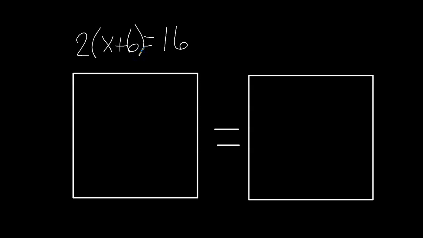All right, so on one side of the equation, I have 2 groups of X plus 6. So remember our X plus 6, and then I have 2 groups of that. Is equal to 16.